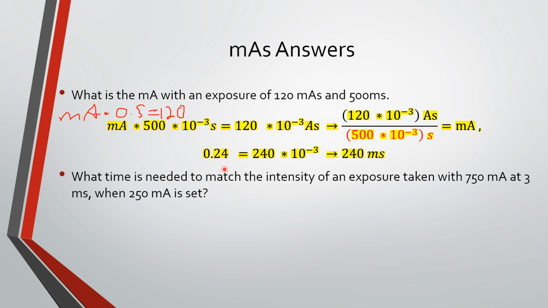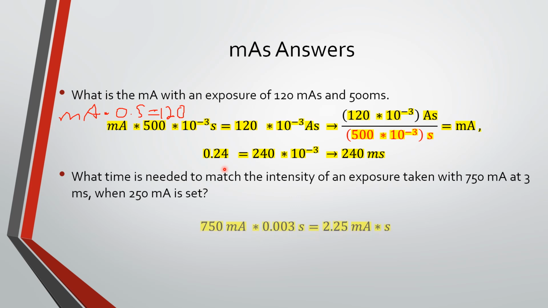What time is needed to match the intensity of the exposure taken with 750 mA in 3 milliseconds when 250 mA is set? So we have one exposure at 750 mA in 3 milliseconds, and we're doing another exposure and want to keep the intensity the same at 250 mA.